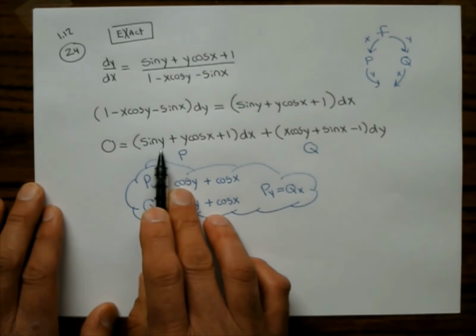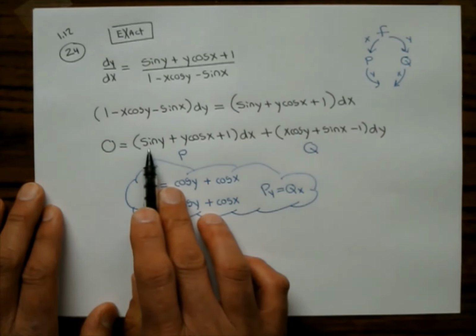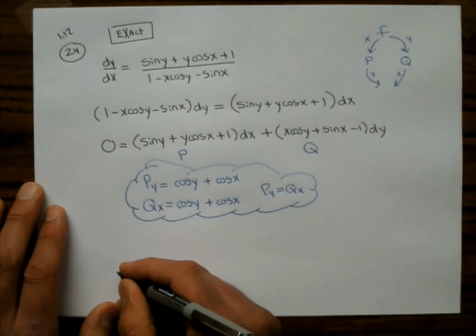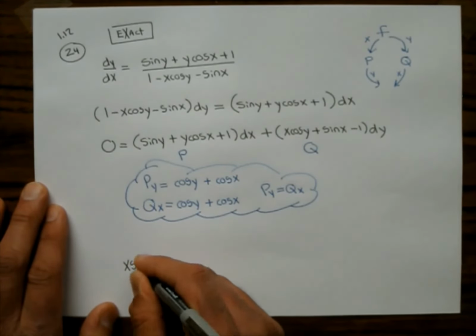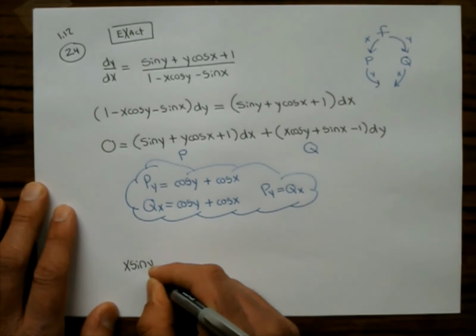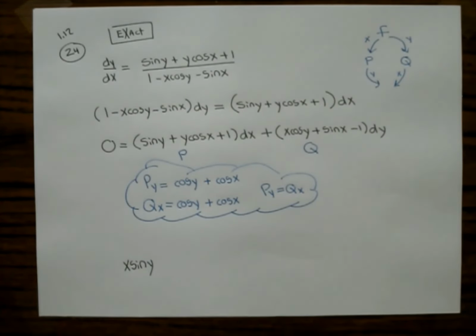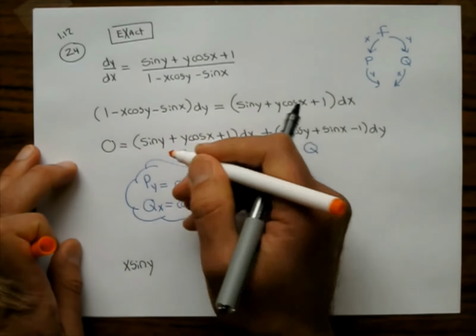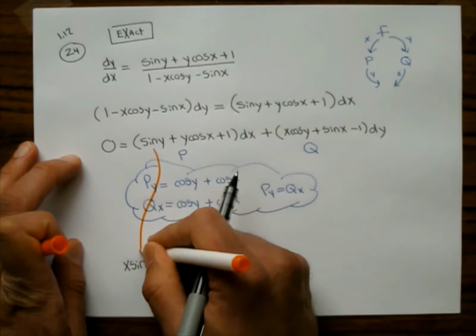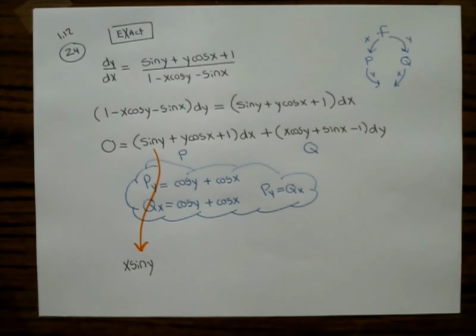This is just a constant then, like the antiderivative of 7 with respect to x is 7x. So this is going to be sine y times x, or I'll put the x first, so x sine y. So that one came from this right here. I'll just put arrows there.